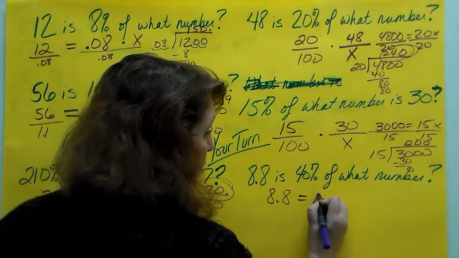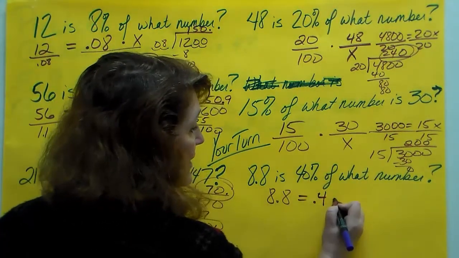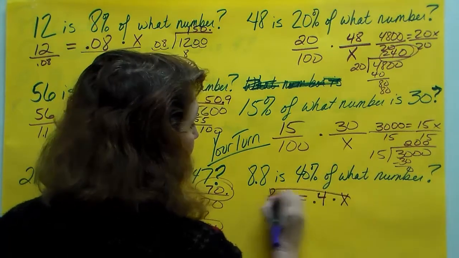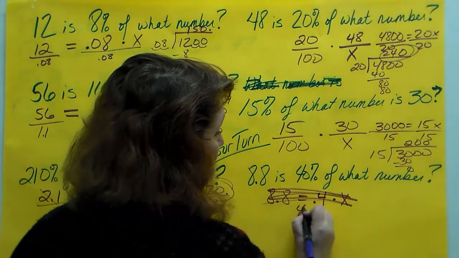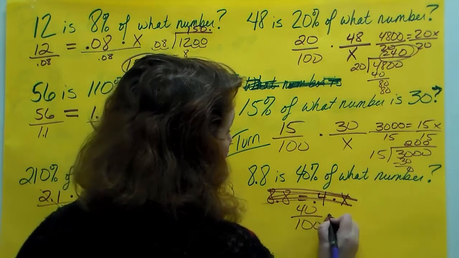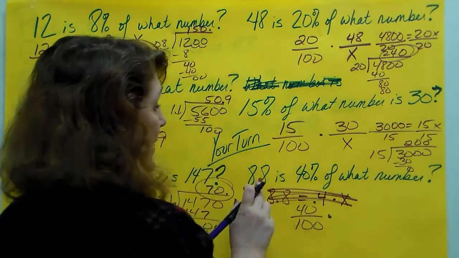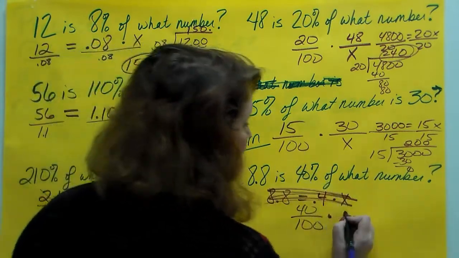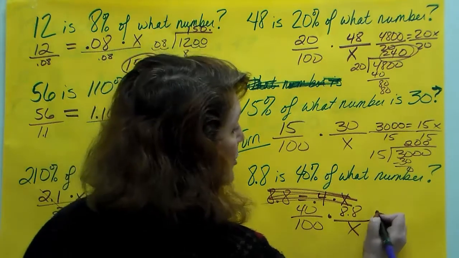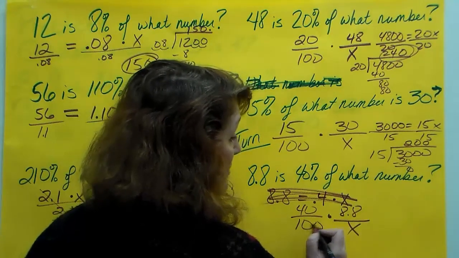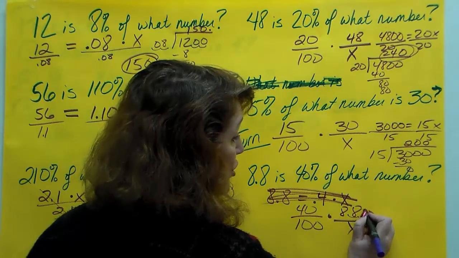8.8 is 40% of what number? Nope, that's equation. You want proportion. You want 40 over 100. 8.8 is the percent, so it's the small one, and the x goes down here. So I've got 8.8 times 100, so my decimal's going to move over 2 times.